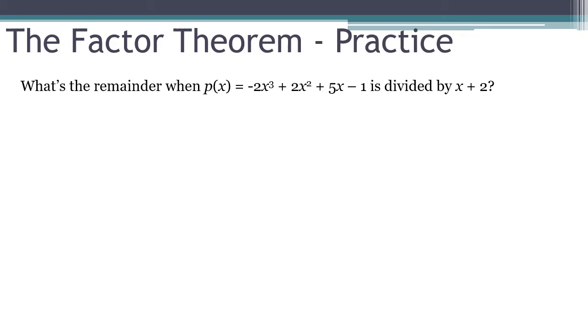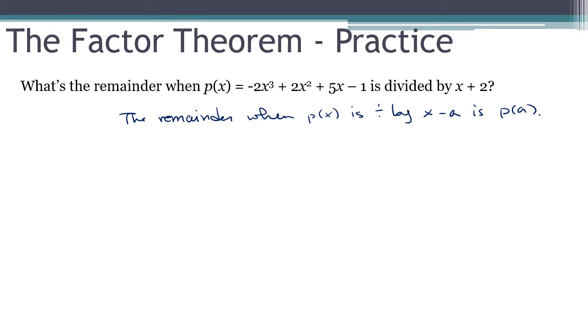Okay, so the first thing you have to be aware of, the factor theorem and the remainder theorem are very specific in their language. They say the remainder, we're talking about remainders here, right? So we'll do the remainder theorem. The remainder when p of x is divided by x minus a is p of a.